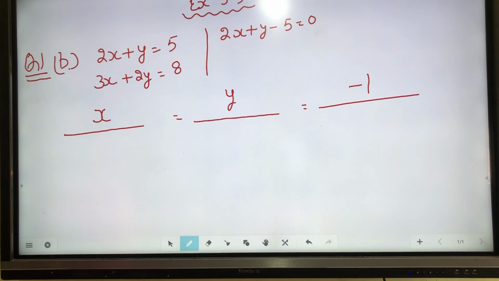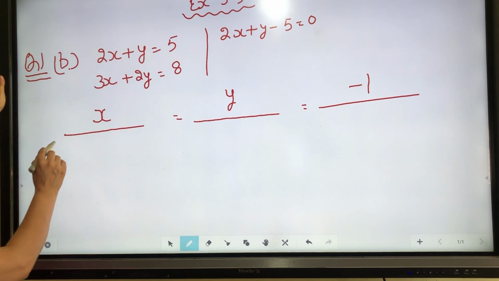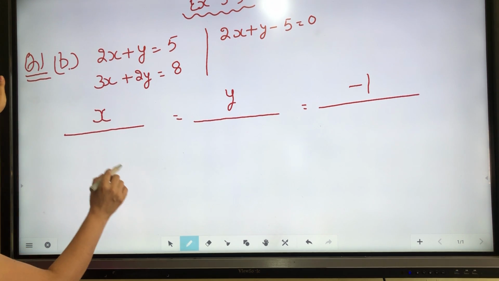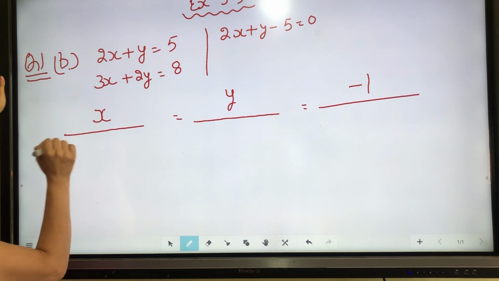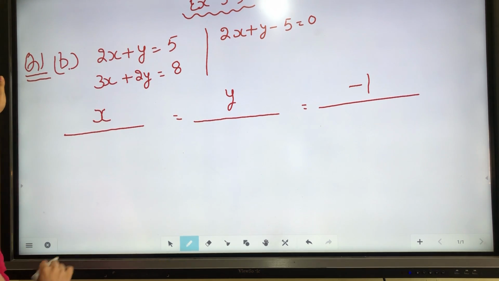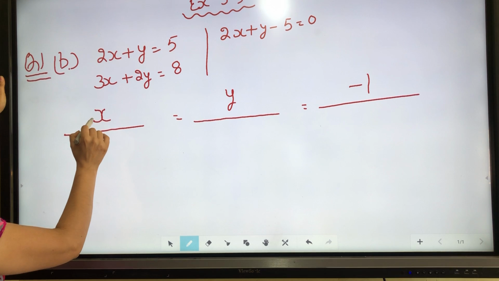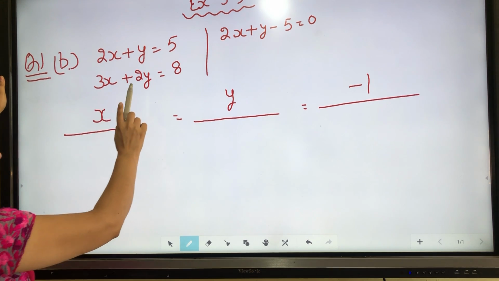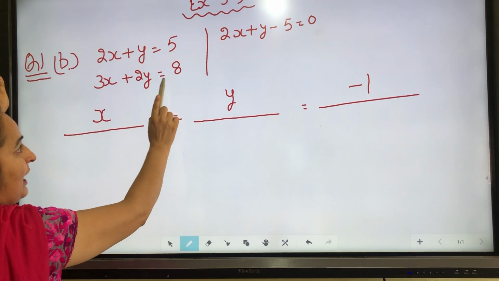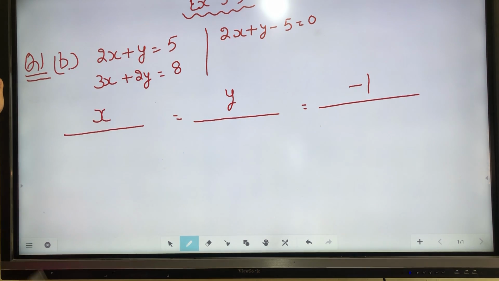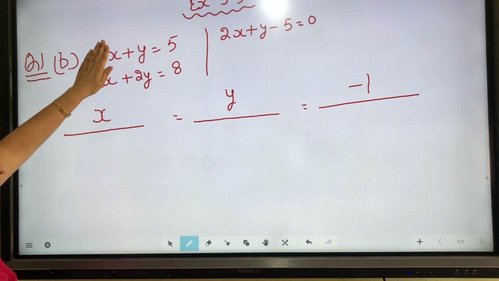Now, what's the next step? How am I using the cross multiplication method? I am using only the constant term, that is the numerical number, not the variables x and y. For the denominator of x, I am using only the coefficient of y and the constant term, not the coefficient of x.